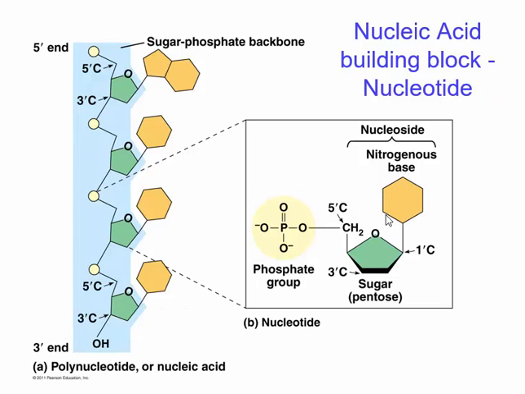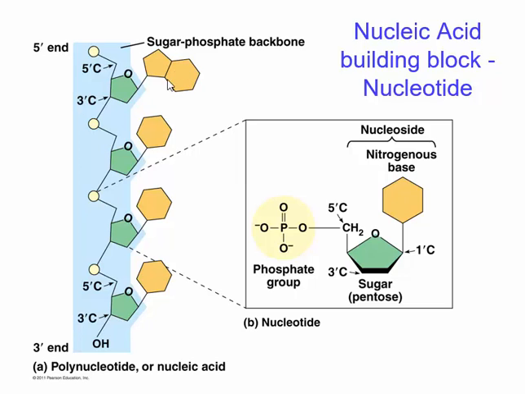When we think of A, C, G, and T, this is what determines whether that's an A, C, G, or T. When we put them together in chains by dehydration synthesis, you have this repeating sugar, phosphate, sugar, phosphate. This is called the sugar phosphate backbone, and those bases project out to one side of that sugar phosphate backbone.